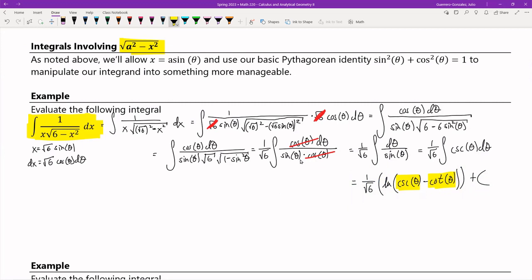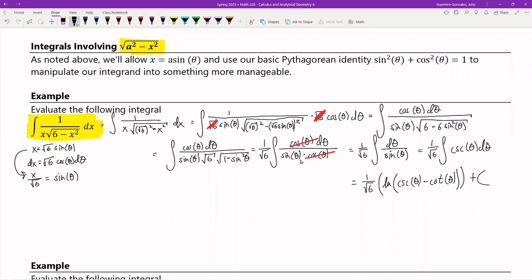All right. So the way that we do that is we go back to our initial substitution. Let me back up a second. I'm going to grab this and come down here. If you take a look, x is equal to √6 sine theta, right? So that means x divided by square root of 6 is equal to sine theta.